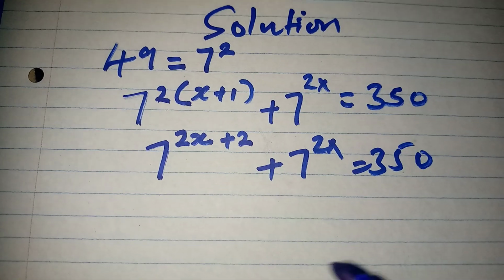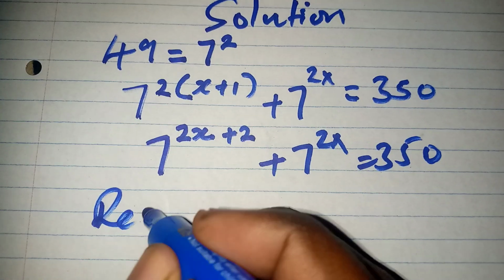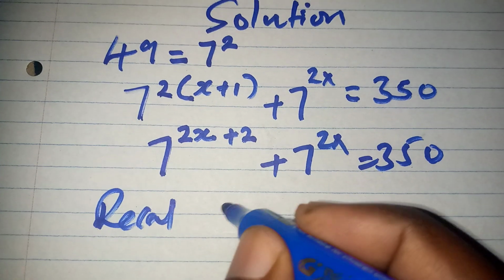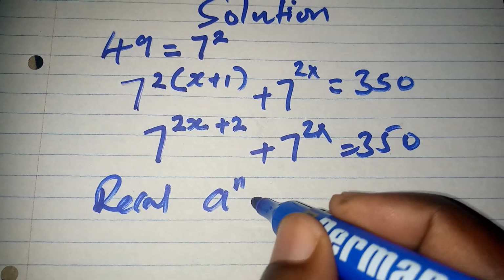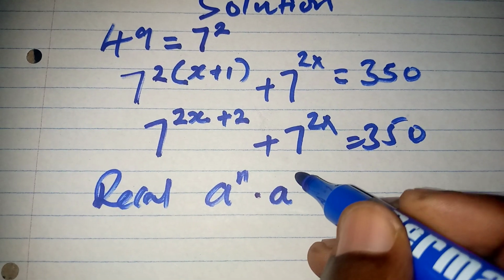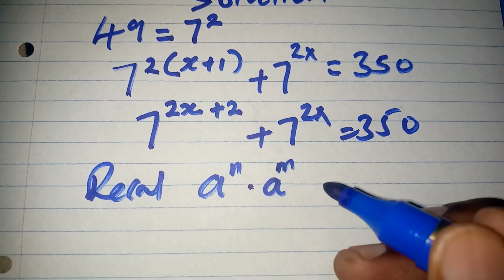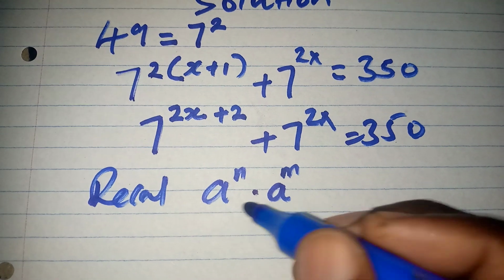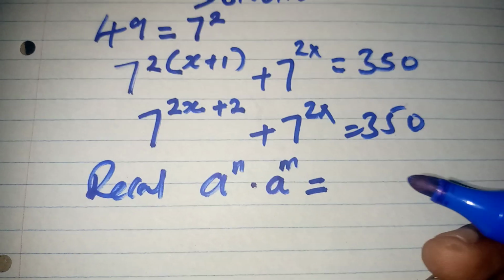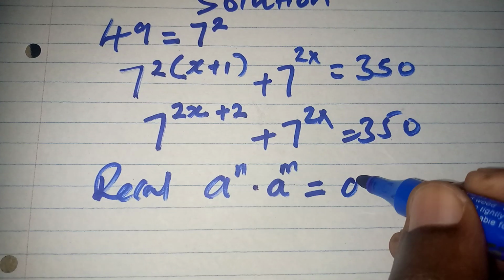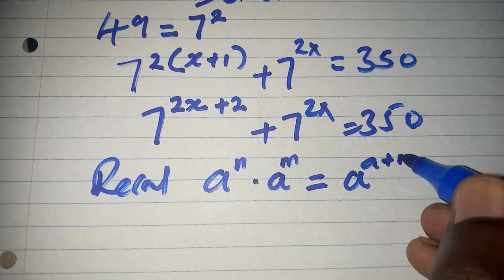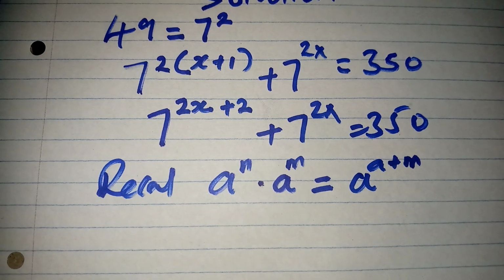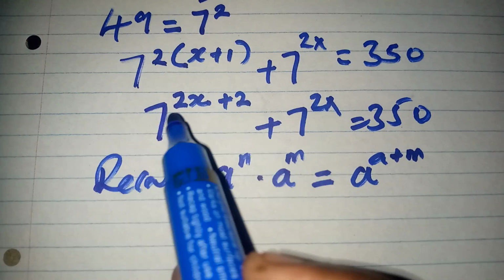Next, I'm going to recall that if I have an index number multiplied by another index number with different powers but the same base, then the law says I'll just add the powers. That is what I want to apply here.